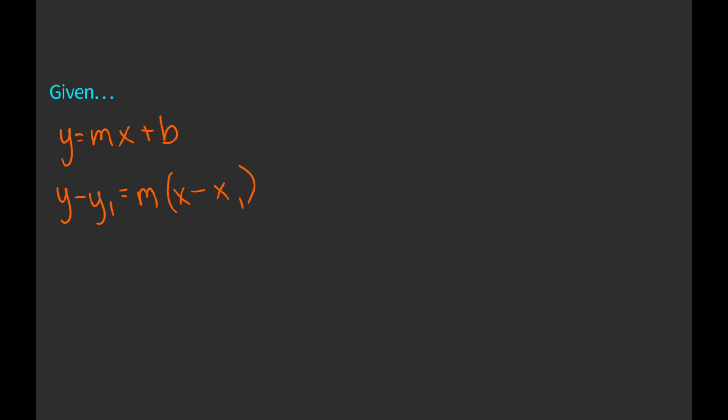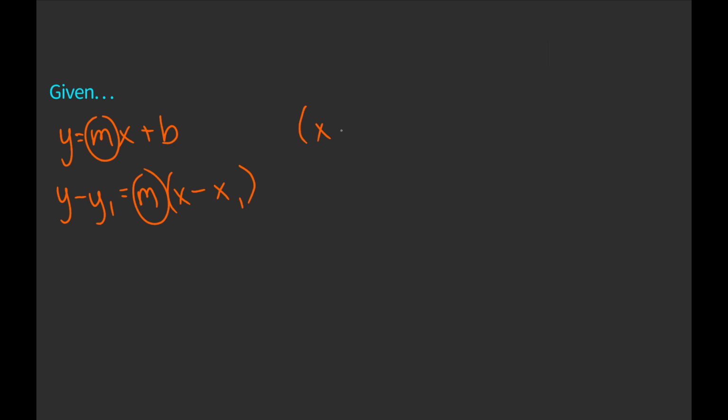If you were identifying the slope, well, slope is m, so the slope would just be this letter. So that's pretty easy.